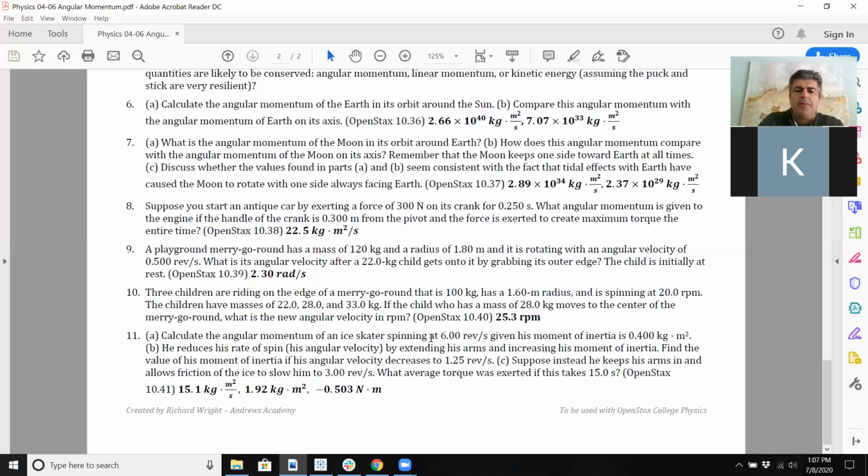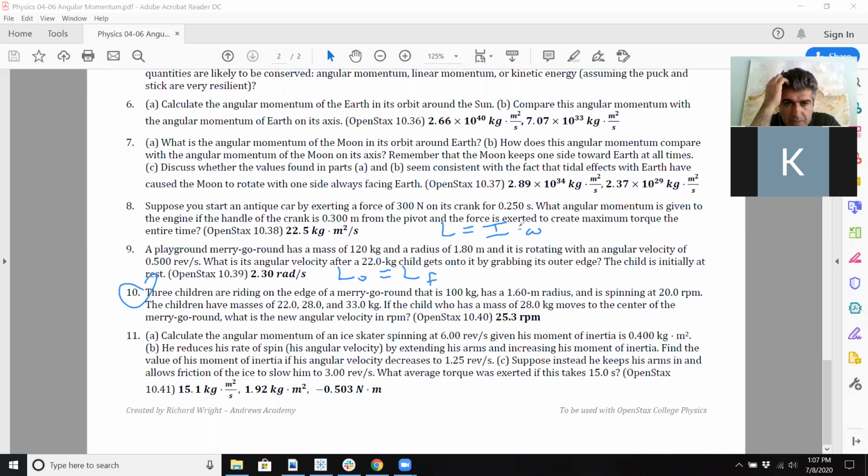So remember, your initial angular momentum will equal your final angular momentum. Remember what angular momentum is. It's your inertia times omega. And inertia obviously is going to change.